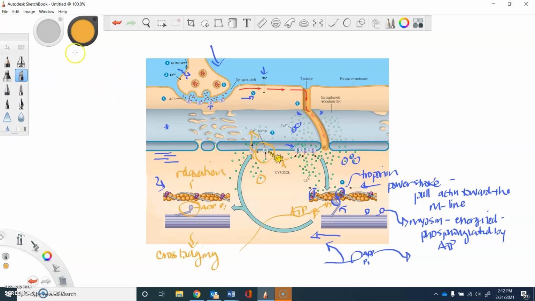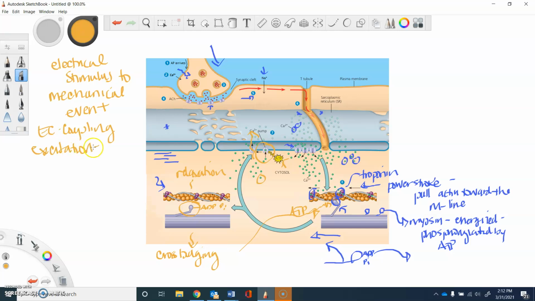So we're linking together an electrical event, an electrical stimulus, to a mechanical event. Okay, and that's called EC coupling, or excitation-contraction coupling.